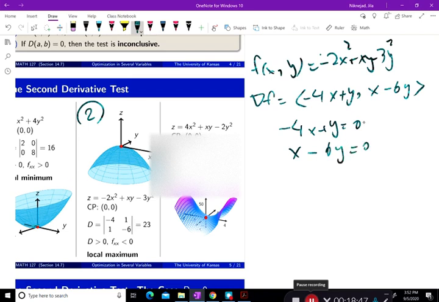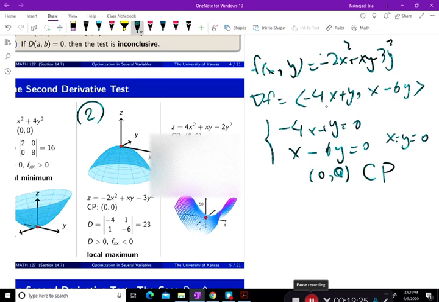If you are in linear algebra, you know that this is a homogeneous system of linear equations, and only if the determinant of coefficients is non-zero does it have one solution, and that's x equal to y equal to 0. But you can also solve it, and so that's the point. 0 and 0 is the critical point.